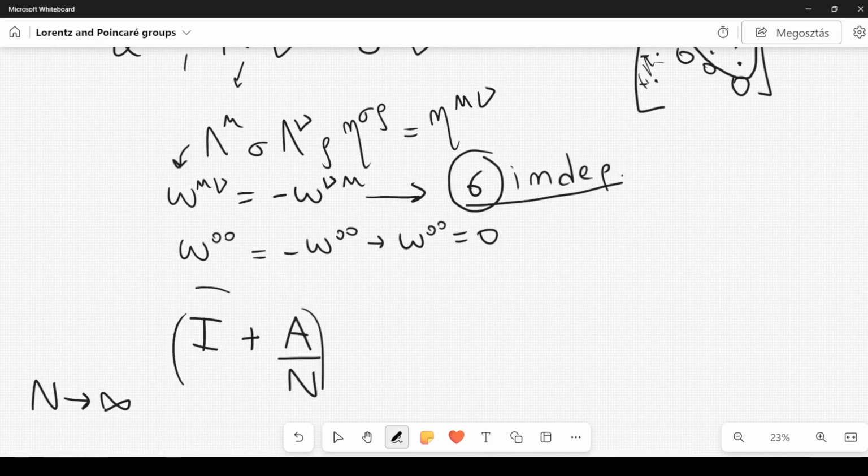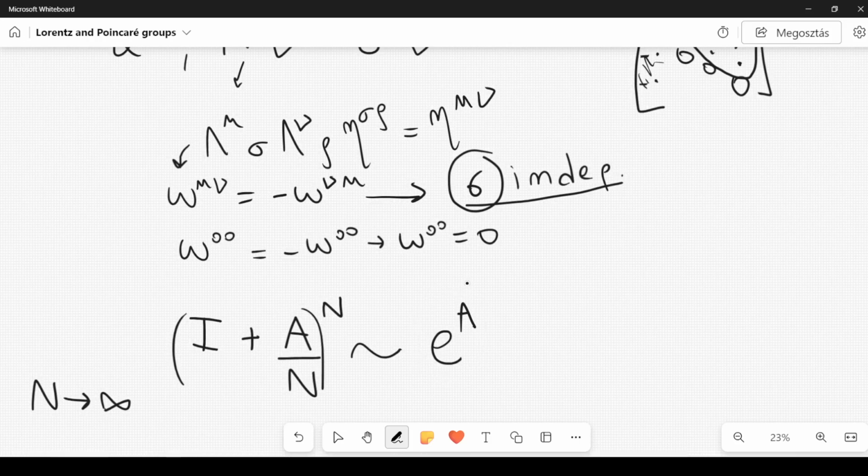Now, if you apply this transformation N times, remember that N goes to infinity, so you're actually applying the transformation an infinite number of times. This is not really rigorous, but it means that you are raising this matrix to the power N. And when N grows larger and larger, you get closer and closer to the exponential of a matrix, and the matrix is this A here. And this becomes a finite transformation.